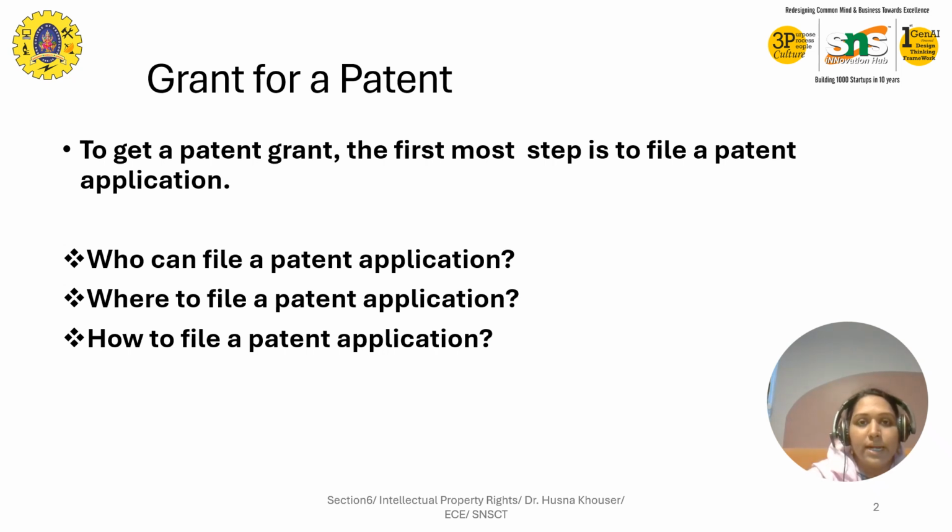Before granting any patent, we have to see what things are patentable and what things are non-patentable. When all these conditions are met, the invention is considered patent-worthy, and a patent application should be filed.